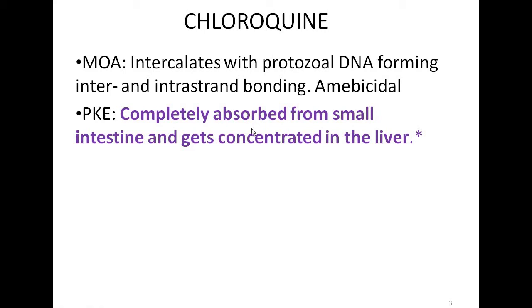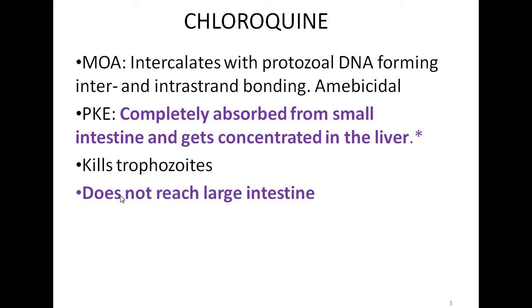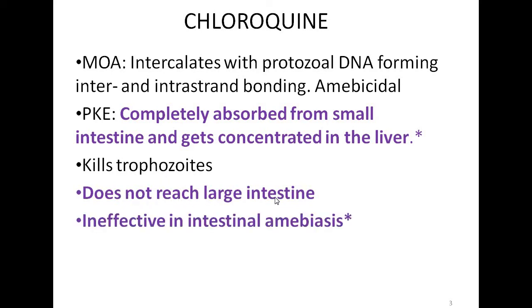So when chloroquine is administered orally, it is completely absorbed from the small intestine and most of it gets concentrated in the liver, where it kills the trophozoites. Now the importance of this: it does not reach the large intestine. Therefore, chloroquine is not effective in intestinal amebiasis.